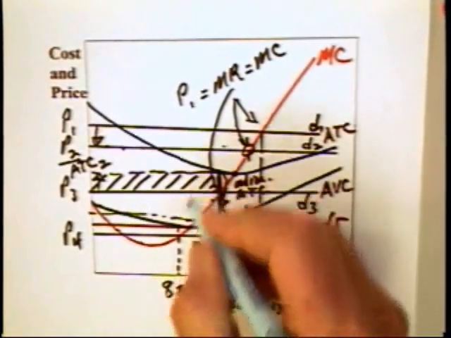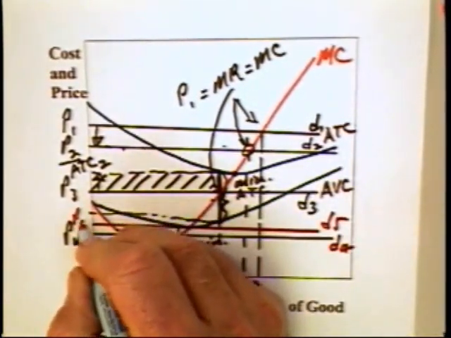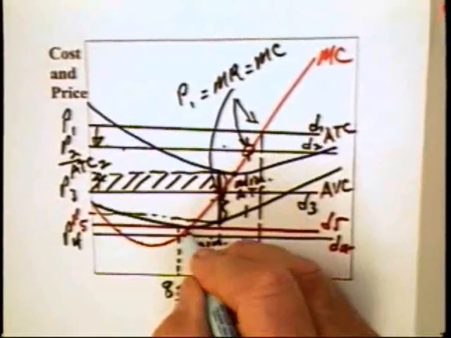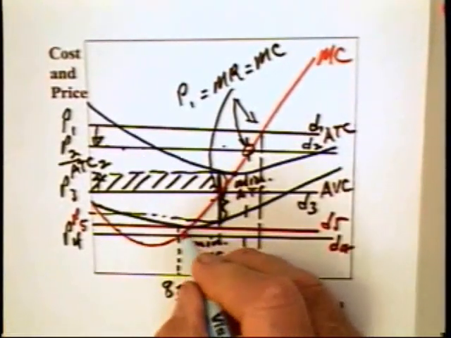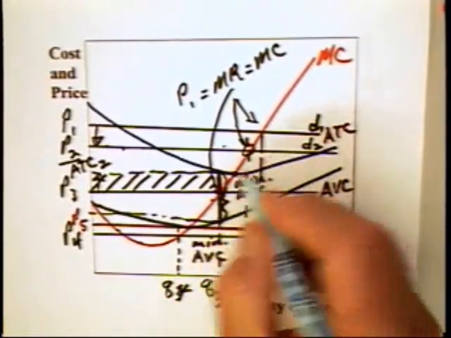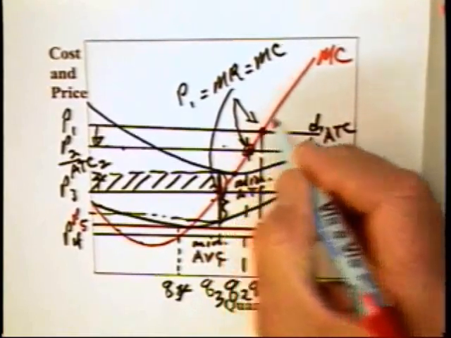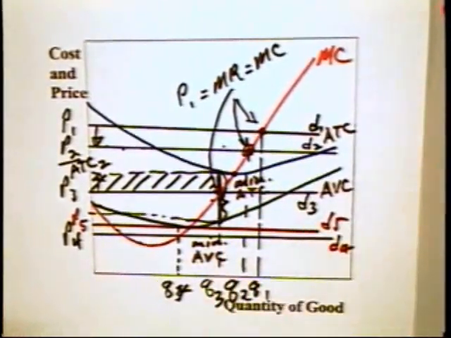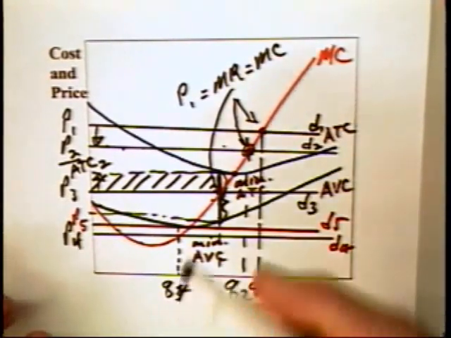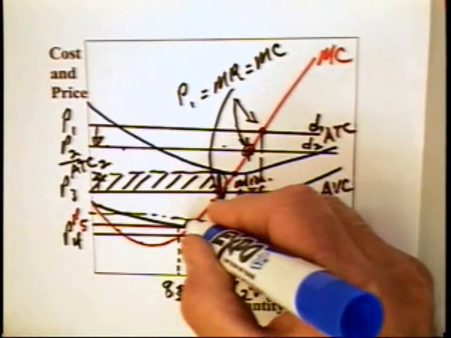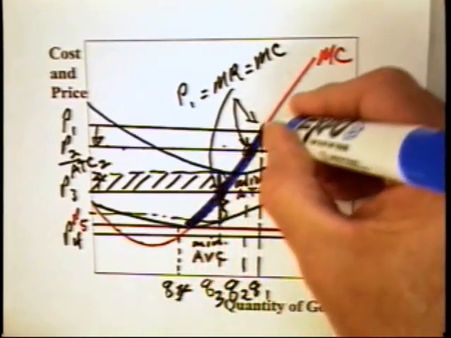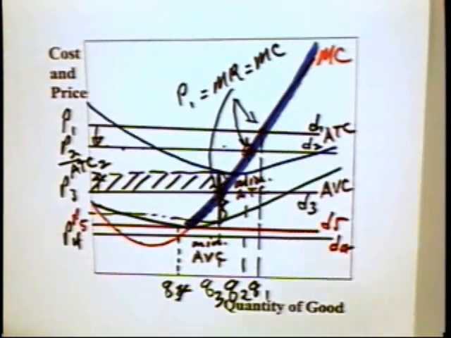If the price goes above this price here, P5, then it should continue to operate, and it should operate along the marginal cost curve. The moral of the story is that the firms will operate along this curve, and that will be the firm's supply curve.